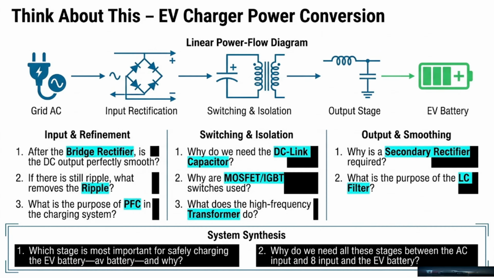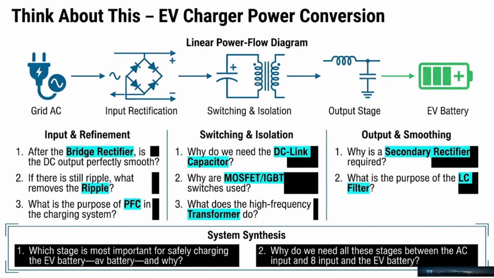But here is one more question. If the bridge rectifier has already converted AC into DC, why can't we simply send that direct current to the EV battery? Please comment your answer if you know it. Why do we need all these stages in between after zone 1?